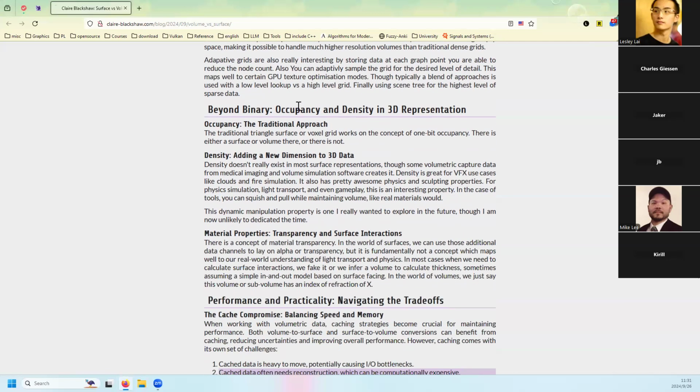Beyond binary occupancy and density in 3D representation, yeah, we can add L occupancy for voxels.